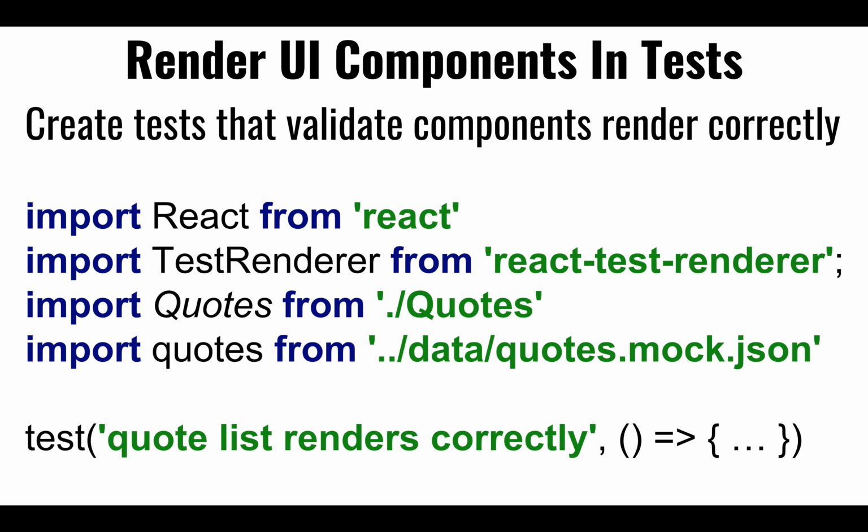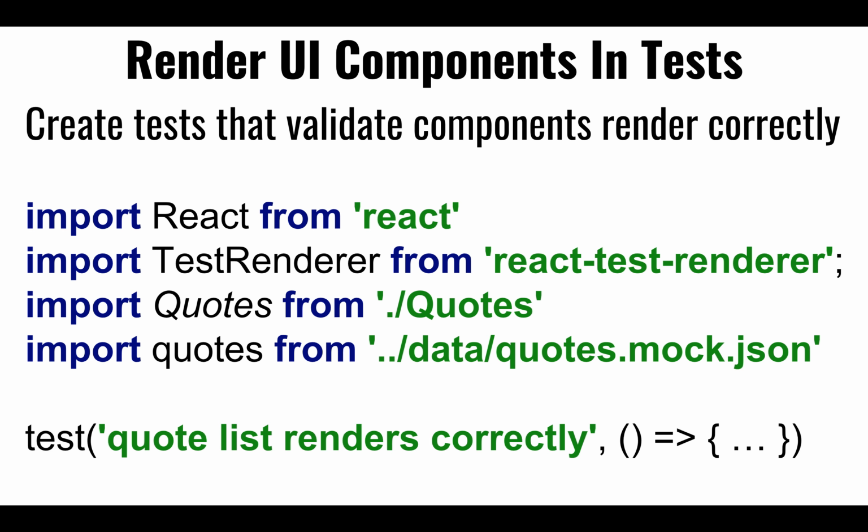So let's try and implement an actual test. We're going to load the actual component that is under test, which is our quotes component. This is the one that summarizes a list of quotes, iterates over a list of quotes and generates, I forget if it's a table or a list, line item, I forget. Notice that we're loading the mocked data, the quotes.mock JSON.